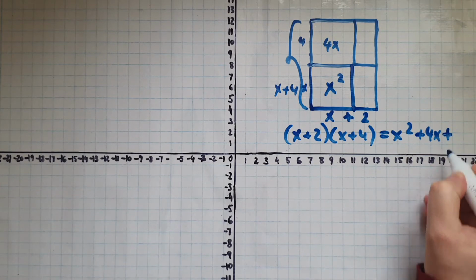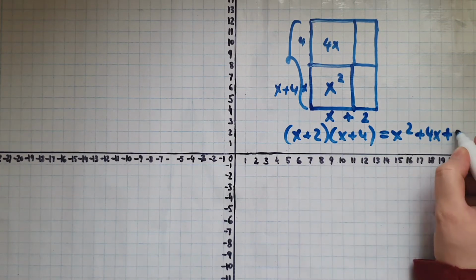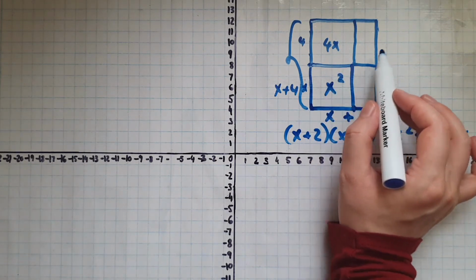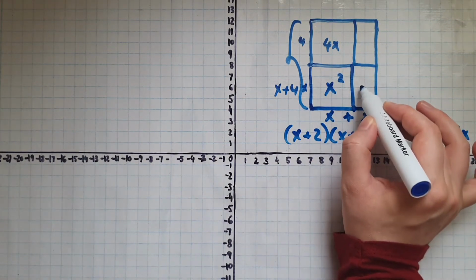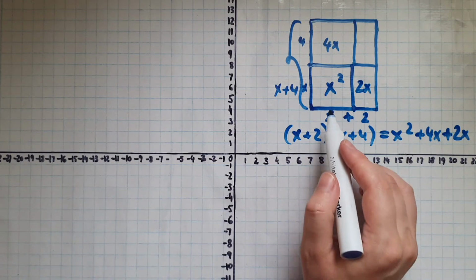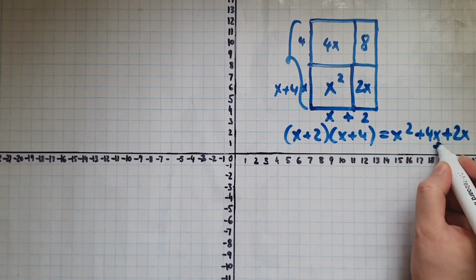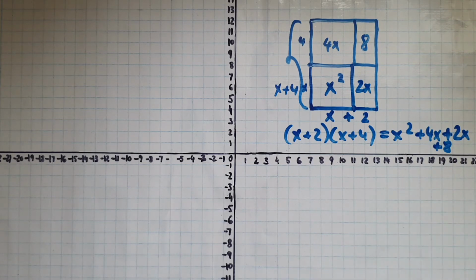And then 2 times x, which gives us 2x. And finally, 4 times 2, which gives us 8. So add 8 to that. Now, how can we plot this onto the graph?